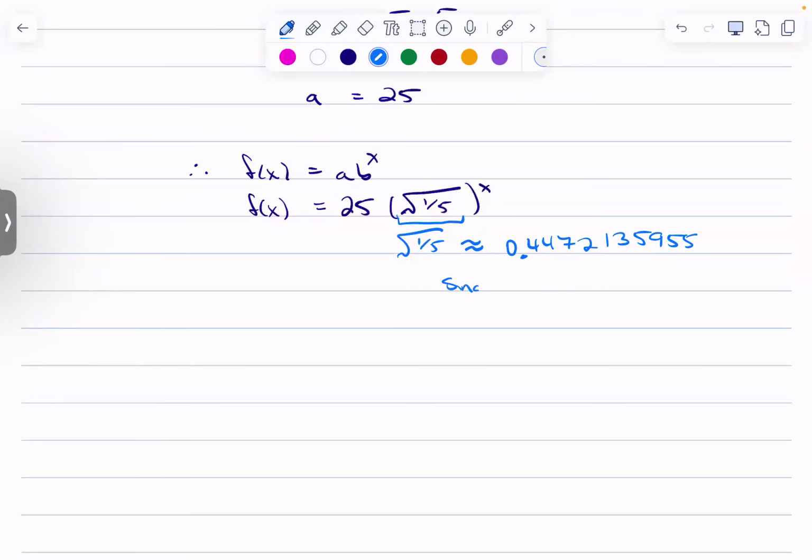And since b is between 0 and 1, it is decaying. Which is what we expected, right? And you can graph it to make sure it's going through those points, but it's behaving how I expected it to, so I'm gonna leave it there.